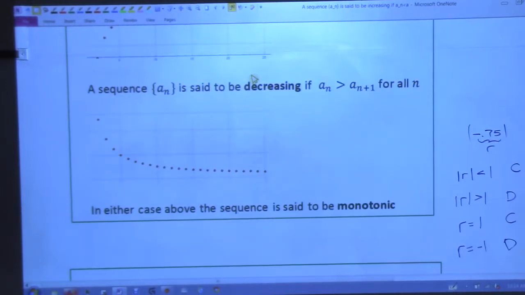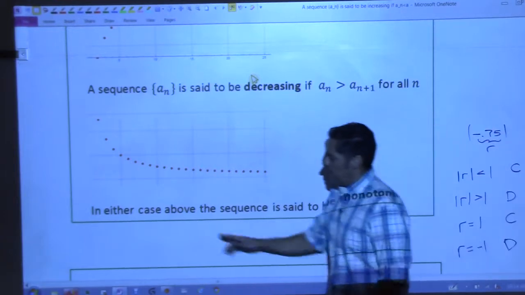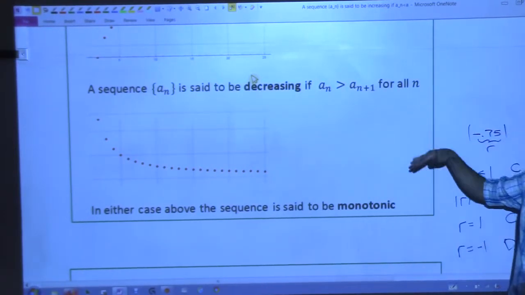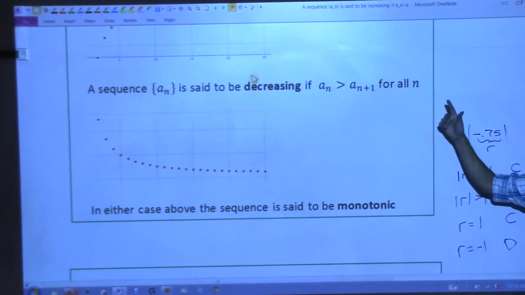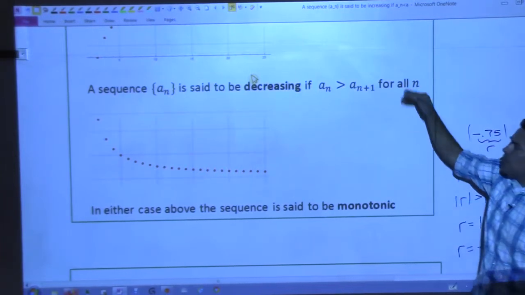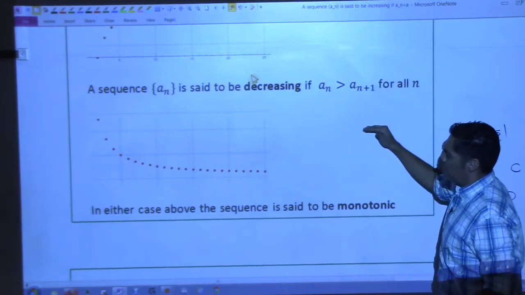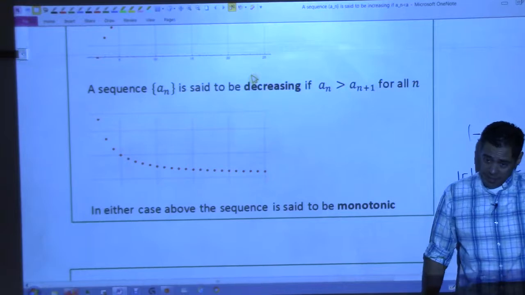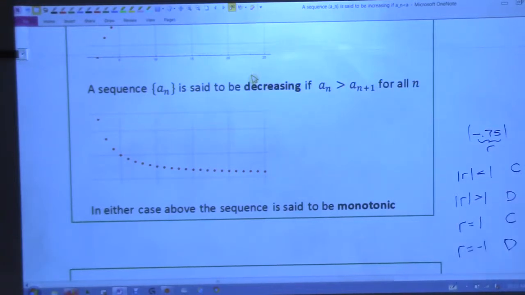Okay, in either case above, whether you're increasing or decreasing, if you're one or the other, and you don't have to be one or the other, you can have a sequence that doesn't increase all the time or decrease all the time. But if your sequence is increasing or decreasing, in either case, we call it a monotonic sequence. So monotonic sequences are sequences that are either increasing all the time or decreasing all the time.